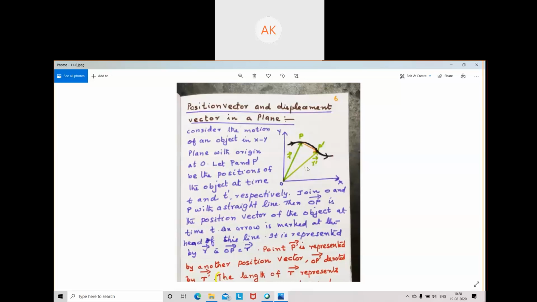Suppose the body is here. What is its x-coordinate? You draw a line here. Suppose it is 1. The x-coordinate is 1. And here you draw a line perpendicular to the y-axis. Suppose this is 9. That is its position. Then when the body moves from P to P dash, the x-coordinate is changing.